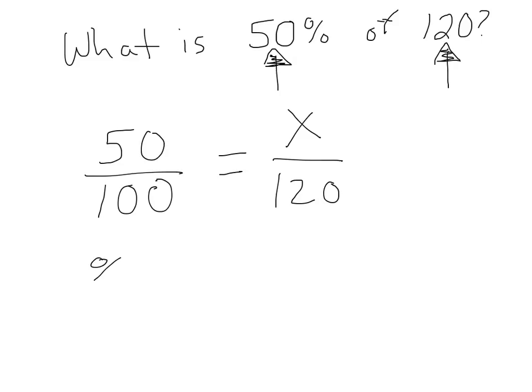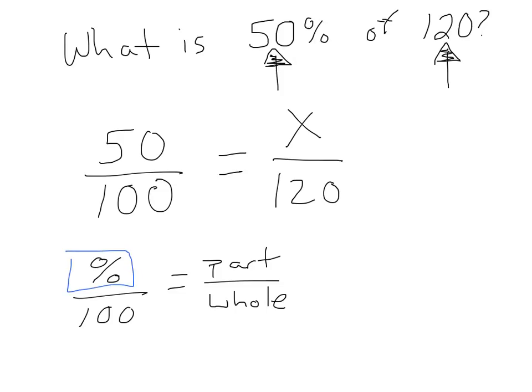And again, that's coming back to our percent proportion. Percent over 100 is the same as part over whole. In this problem, we're given the percentage. We're given what the whole is. We're interested in finding out what 50% of the whole would be. So we're going to find out what's in red.